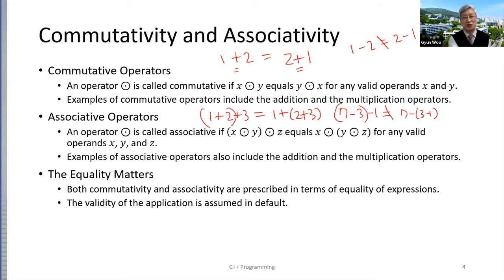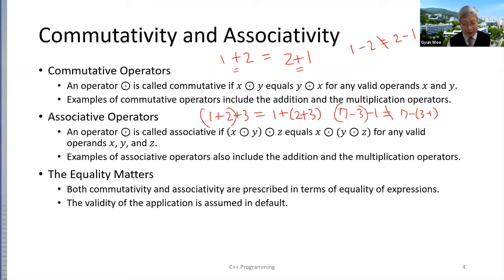So in cooking noodles, the operations are not associative. So equality matters in commutativity and associativity. Both are prescribed in terms of the equality of the values of the result, so the validity of the application is assumed by default.